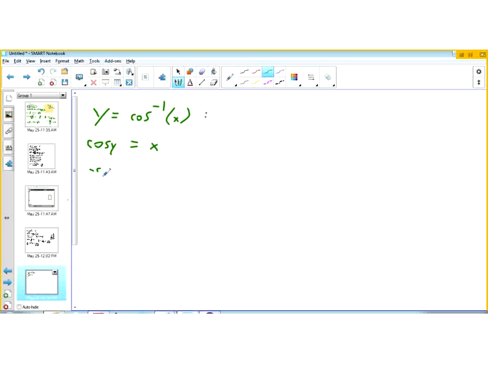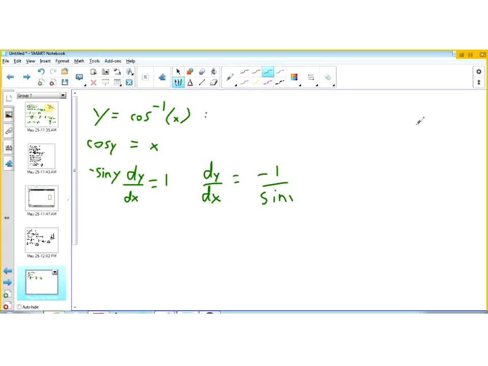So that would be minus sine y times dy over dx is equal to 1. Solve for dy over dx. So we have dy over dx is equal to -1 over sine y.